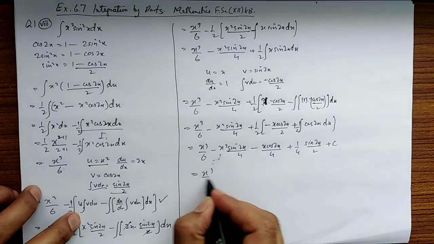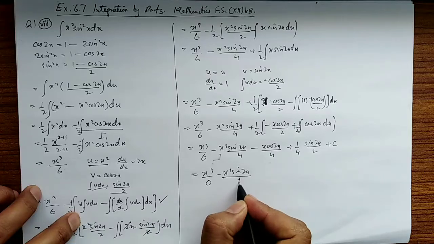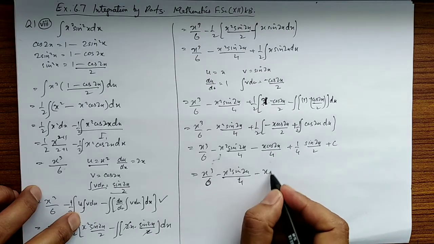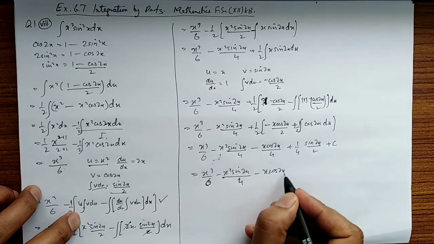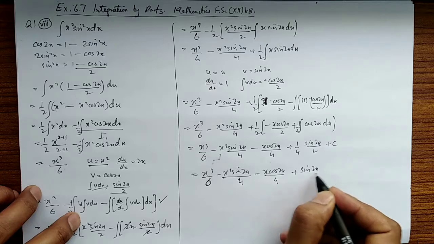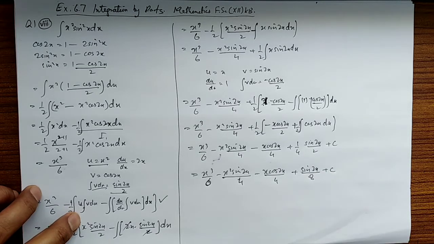The final answer will be x cube upon 6 minus x square sine 2x upon 4 minus x cos 2x upon 4 plus sine 2x upon 8 plus c.